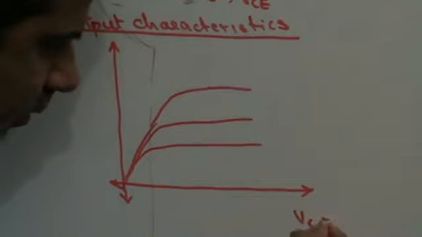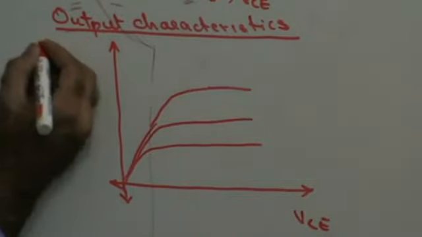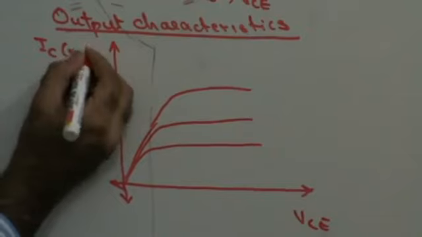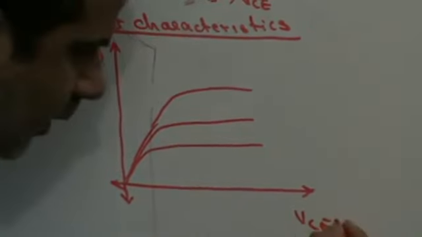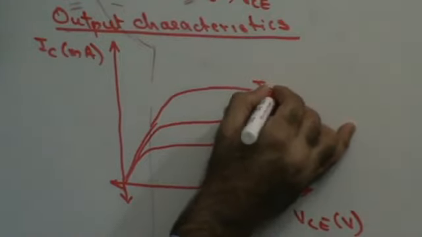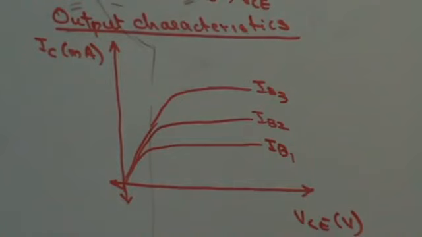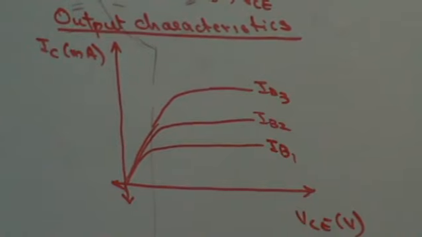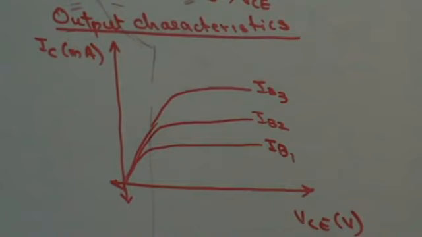This is my collector emitter voltage in volts, and this is my collector current in milliamps, for specific base currents IB1, IB2, IB3. So for different values of base current, you would have different characteristics. Here you have a graph of collector voltage with collector current for different fixed values of base current. Fine, do we get this in here?